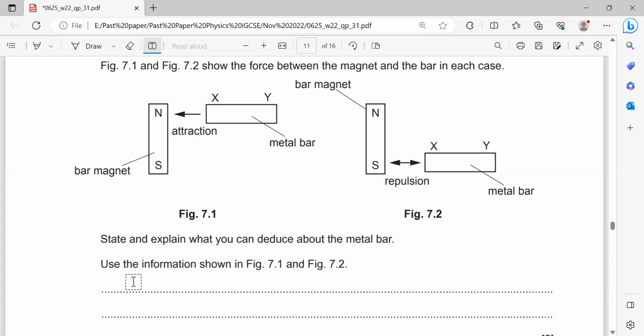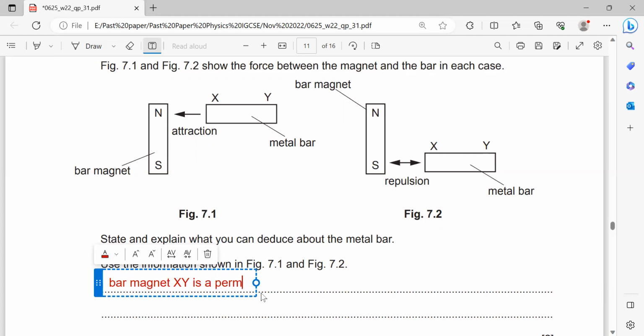So the bar magnet XY is a permanent magnet, of course.